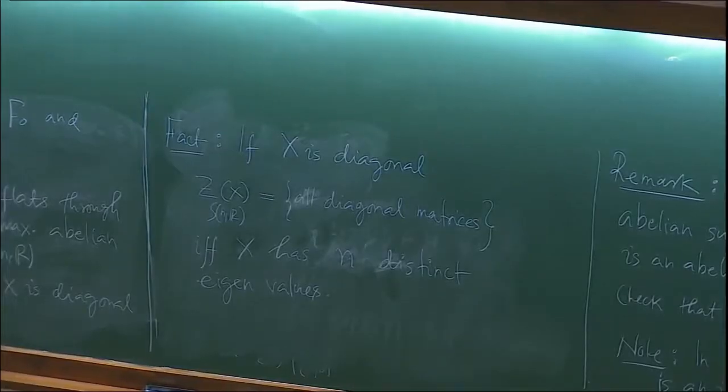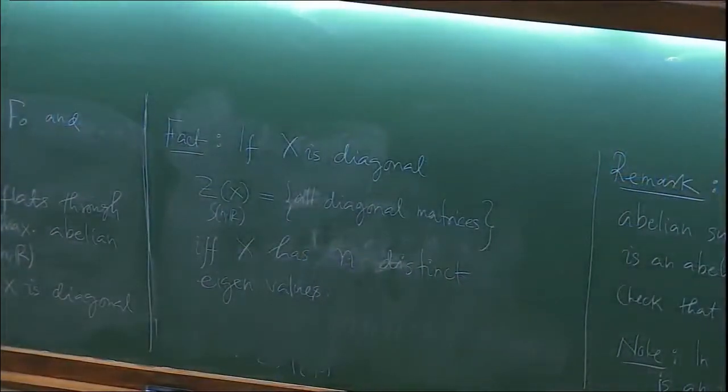As I said, maximal flats through identity correspond to abelian subalgebras of S N R. There are many abelian subalgebras inside S N R. Suppose I have some abelian subalgebra, then you just apply conjugation by, let's say, S O N R. But you don't have to.